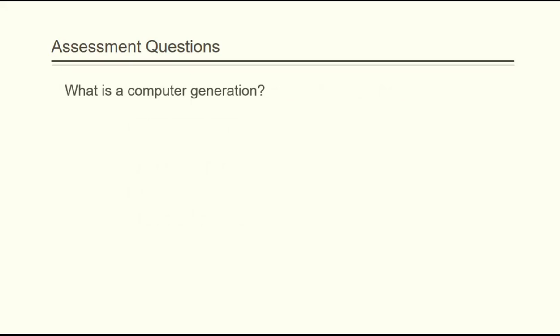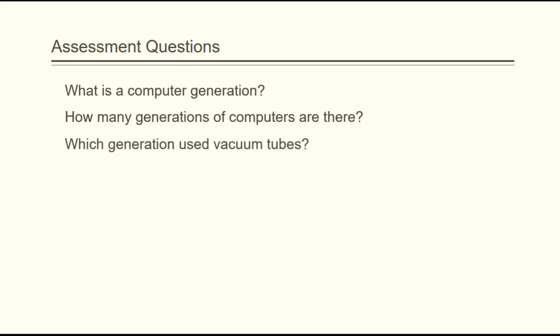Now let's see whether you can recall some of the things we have learned so far. What is a computer generation? How many generations of computers are there? Which generation used vacuum tubes? Which generation introduced transistors?